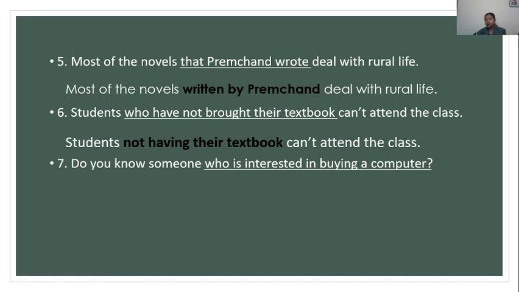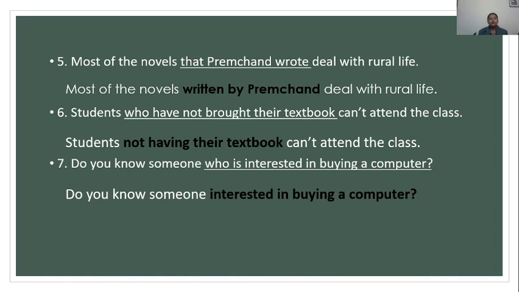Same as who is. Is is a finite verb, so it is a clause. But when I say interested in buying a computer, it doesn't have any finite verb. So it is a phrase. So what will it be? Do you know someone interested in buying a computer?